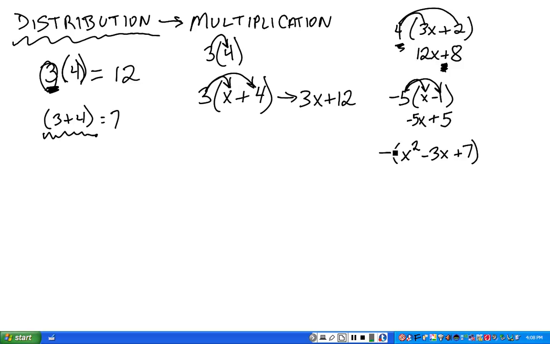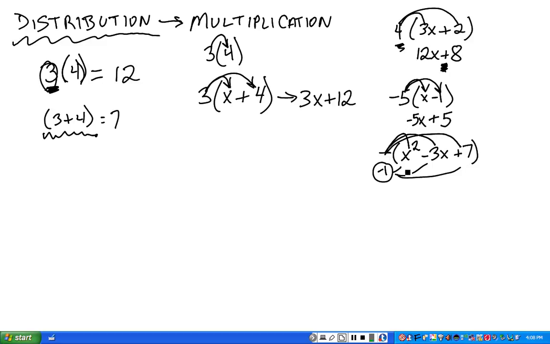So this would be comparable to saying negative 1 times x squared, negative 1 times negative 3x, and negative 1 times positive 7. That's what this minus represents. It's like saying a negative 1.